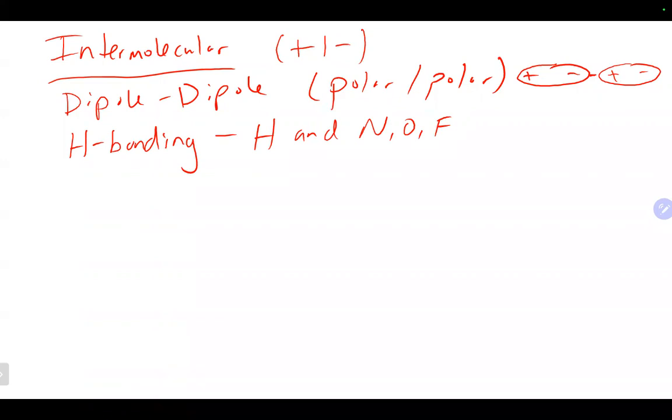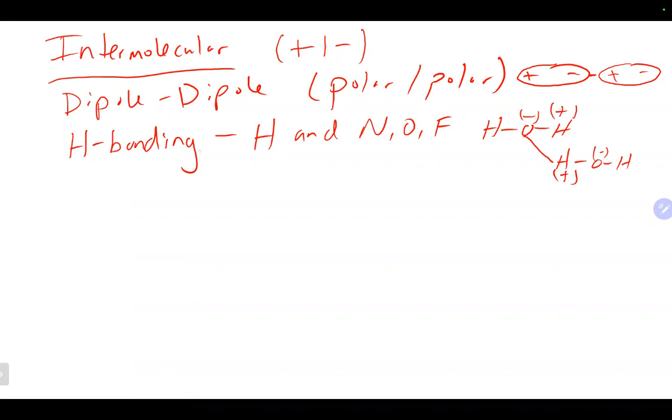That is what we see when we have something like water interacting with itself or others. It does so through the opposite of signs: the negative oxygen is attracted to the positive hydrogen, and that's hydrogen bonding.